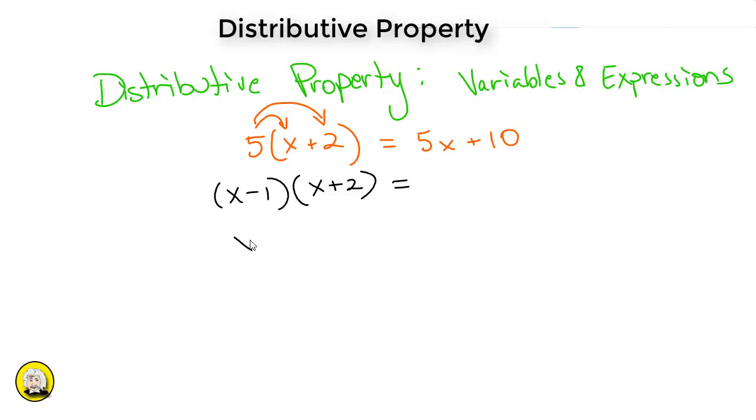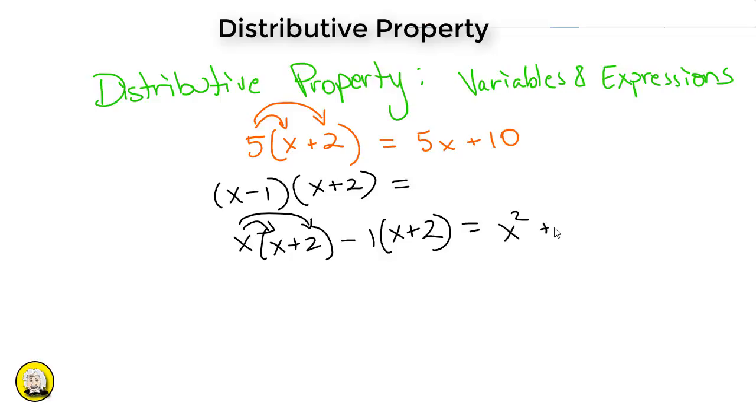So really that's x times our x plus 2 minus 1 times our x plus 2. And we have two instances of our first example up above, in which case I do x times x, which is x squared, and then x times plus 2, which is plus 2x, and minus 1 times x is minus x.